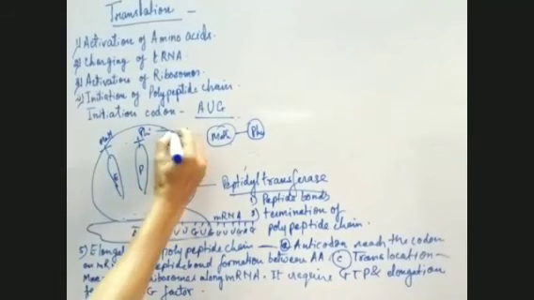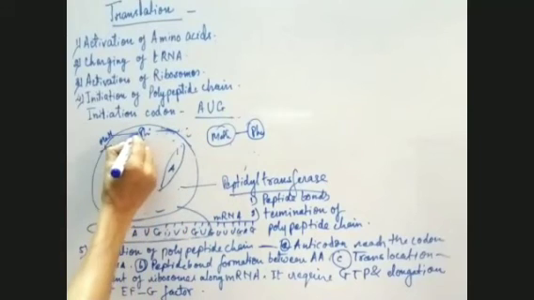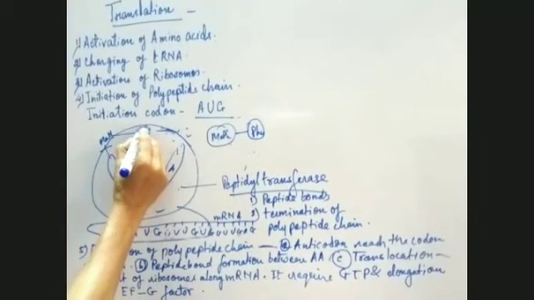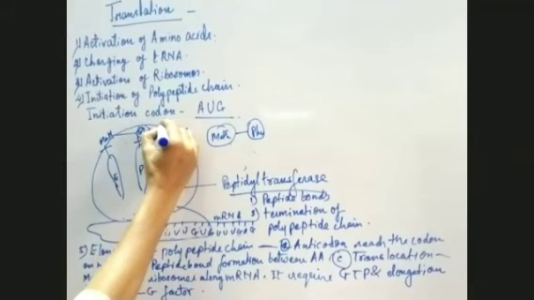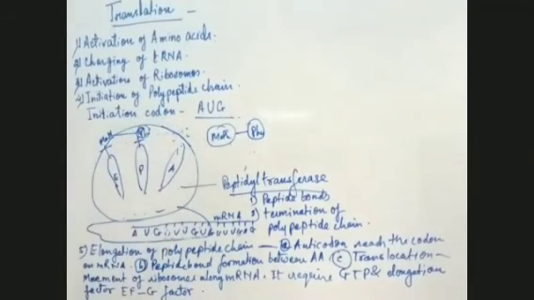That means the A site is again empty. Both are joined by this bond, peptide bond. So now they have shifted because of translocation. Now the A site is again empty.